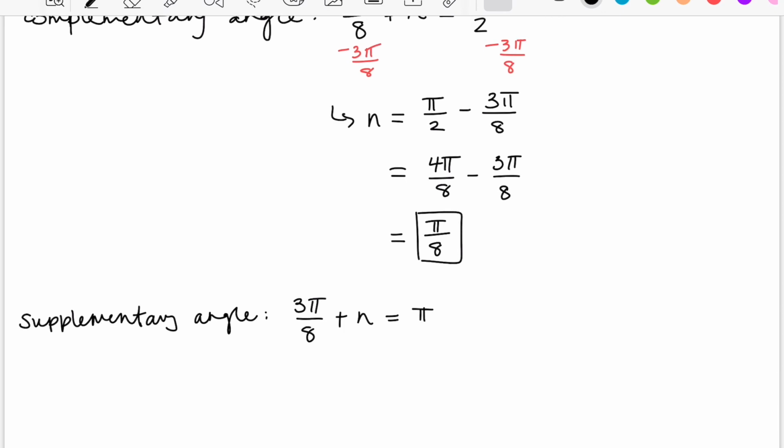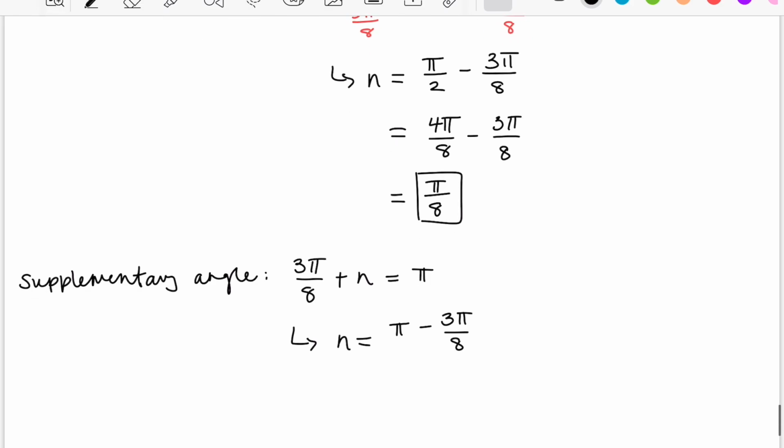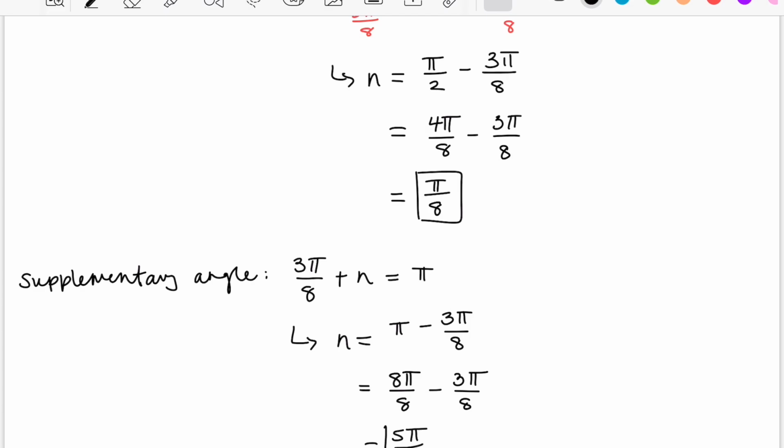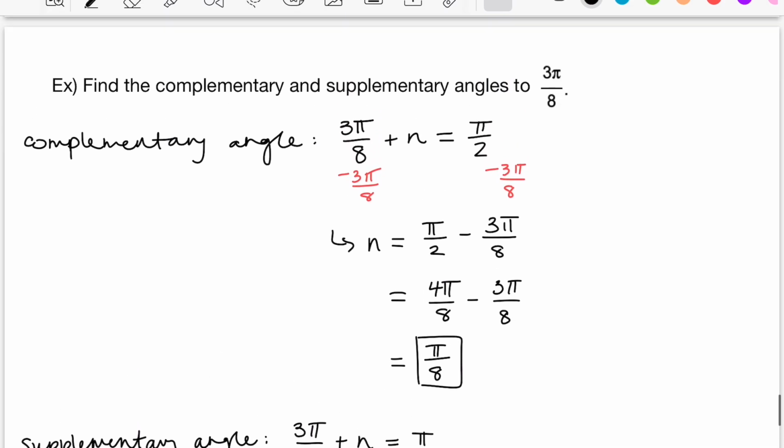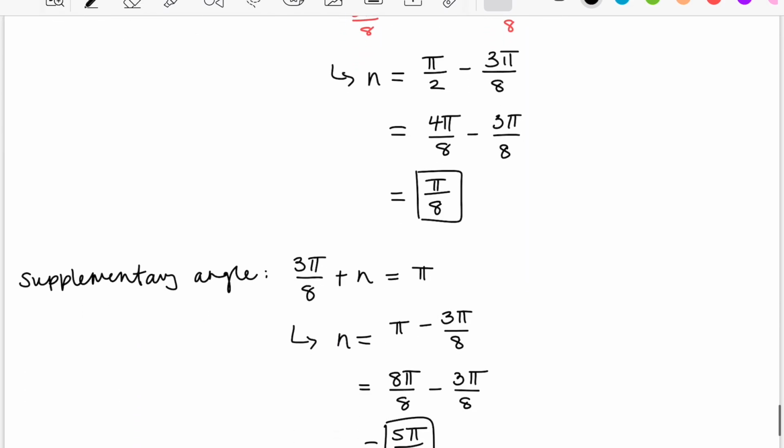So doing the same thing here, solving for n, we get that n is going to be equal to pi minus 3 pi over 8. Pi can also be written as 8 pi over 8, so we have a common denominator just like we did for our complementary angle. And in this case, we get 5 pi over 8. So the supplementary angle to 3 pi over 8 is 5 pi over 8.